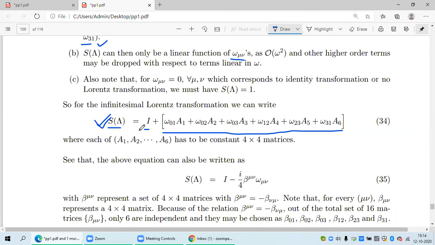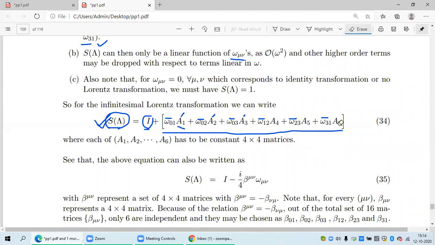Remember these are all single-valued parameters, 6 independent parameters. But since S of lambda is a 4 cross 4 matrix, the identity should be 4 cross 4, and these things which look like coefficients are also 4 cross 4 matrices, so that this is a matrix equation.